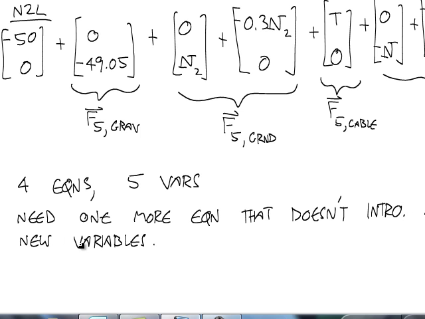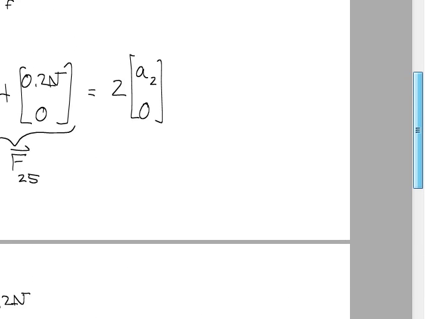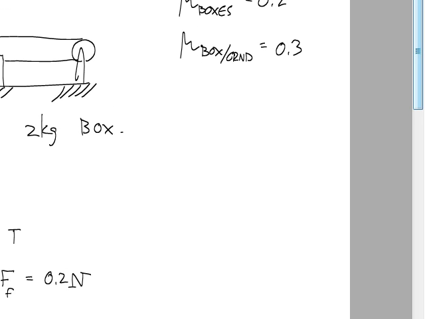So what's an assumption we can make about this problem that we haven't made yet? About the motion of this thing. Let's assume that this cable is not flexible in any way. Then there's a relationship between the positions, velocities, and accelerations of the bottom and the top, right?